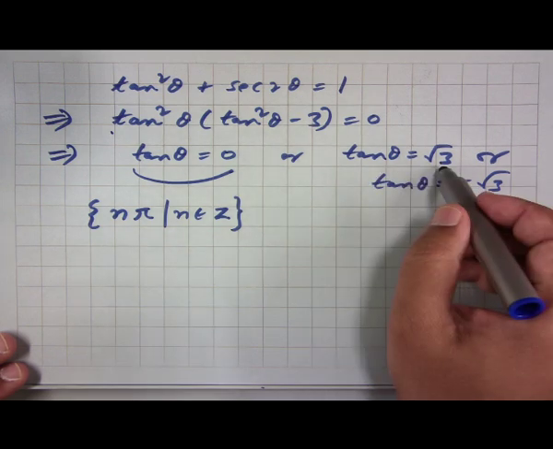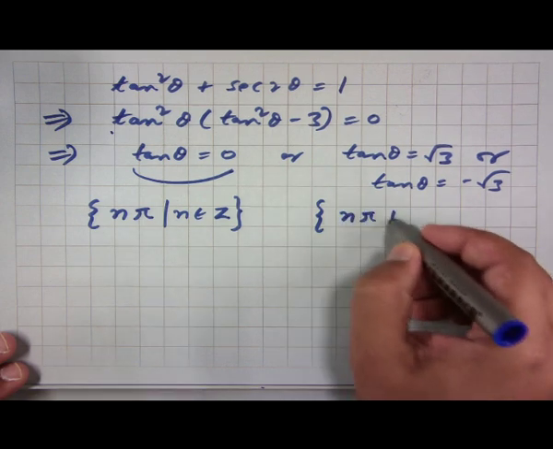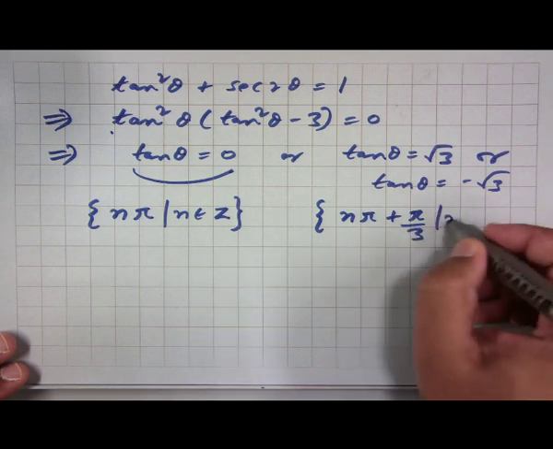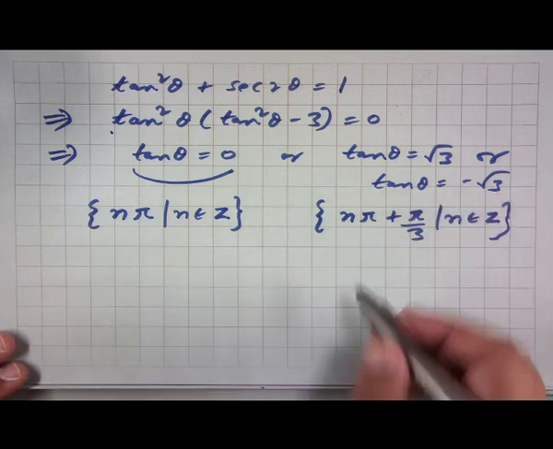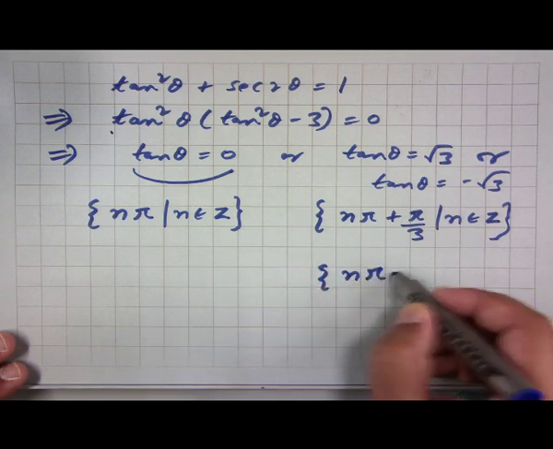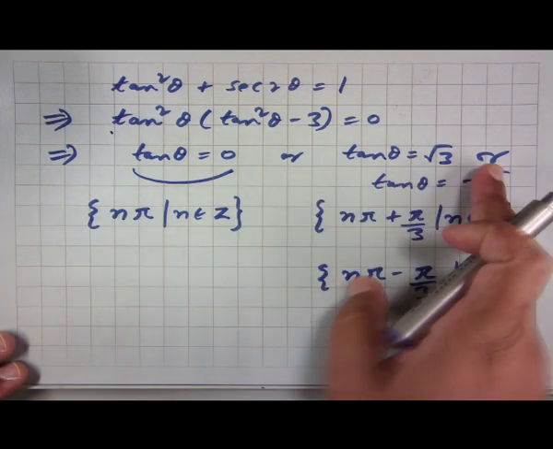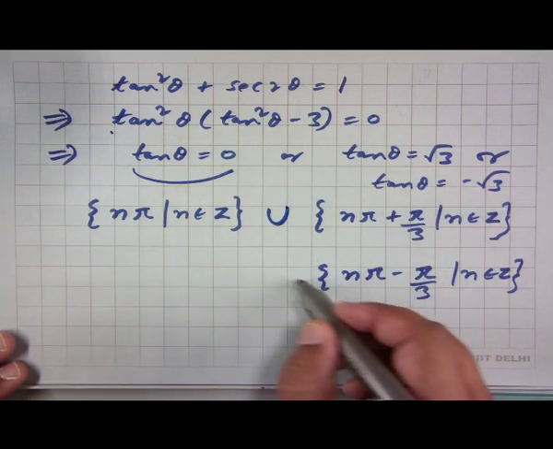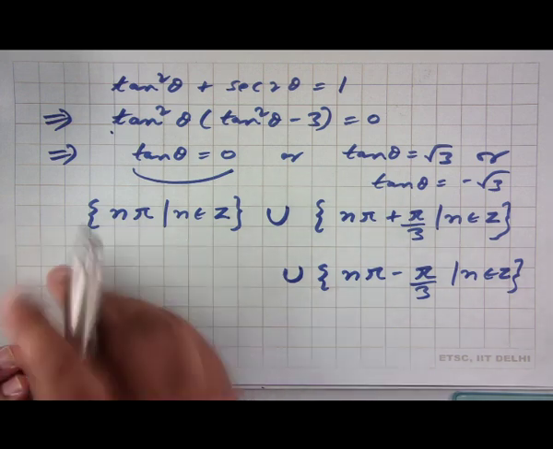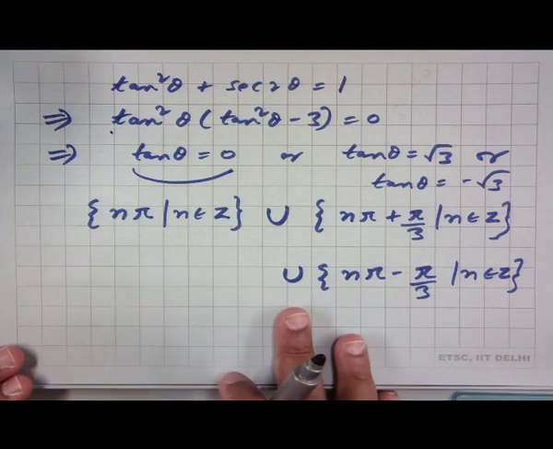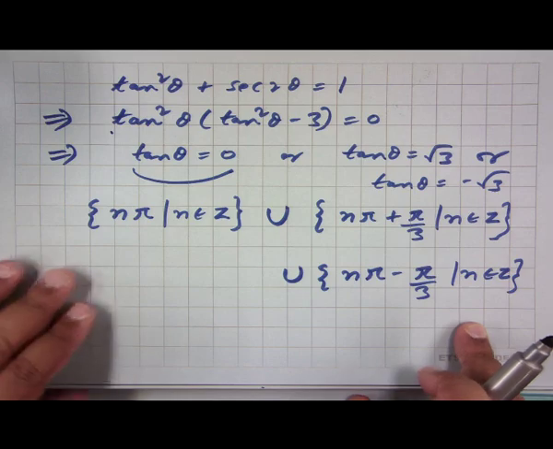For tan theta equal to root 3, the general solution was n pi plus pi by 3, and for tan theta equal to minus root 3, it was n pi minus pi by 3. But since we have an OR here, we have to take the union of all these three sets. So, this is the final general solution to this trigonometric equation. It is the union of all these three sets.